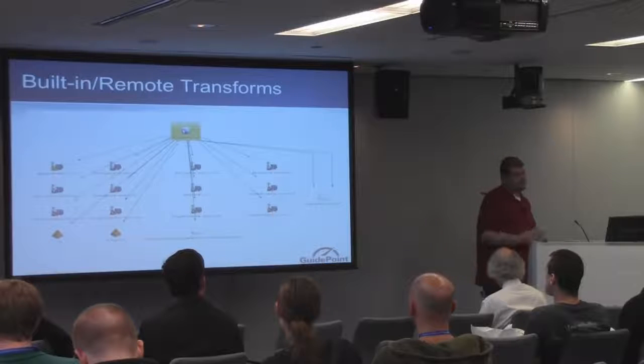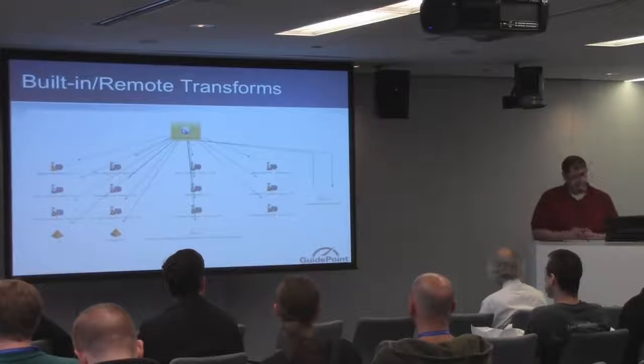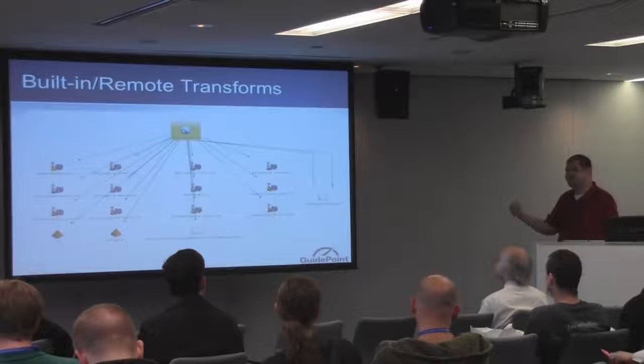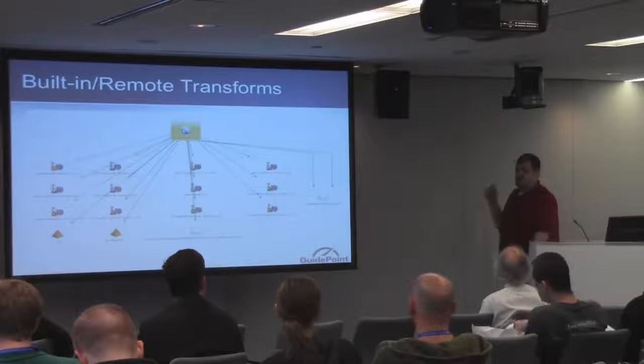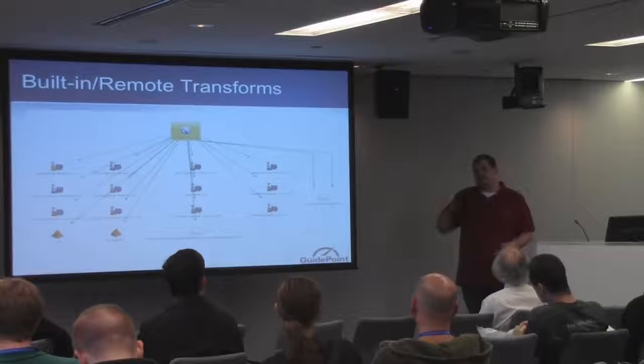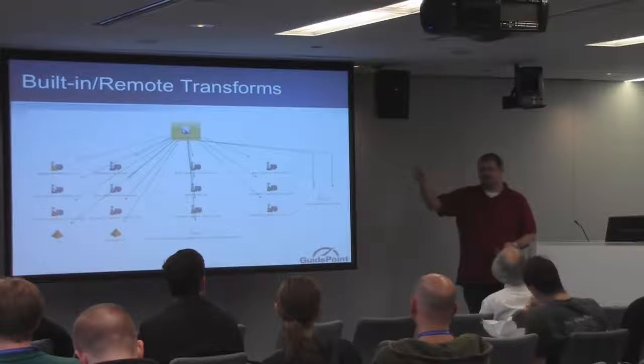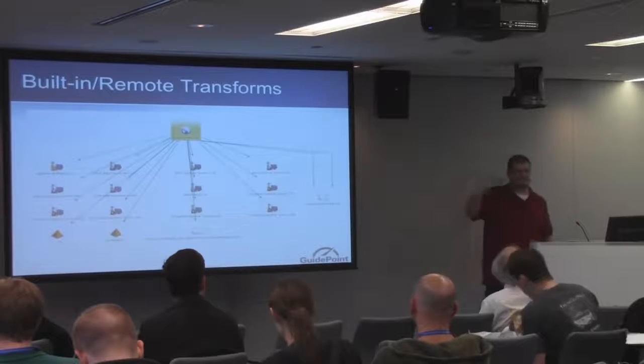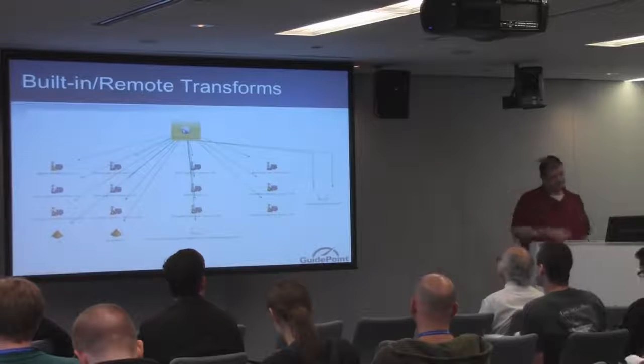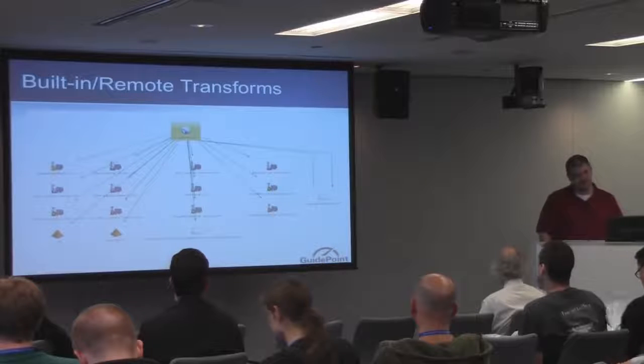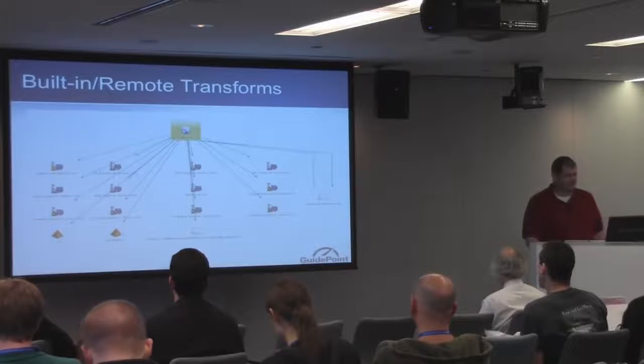So every time you right-click and say run this transform within Maltego, your client will request that server to run that transform, and that server will output that data back to your client.